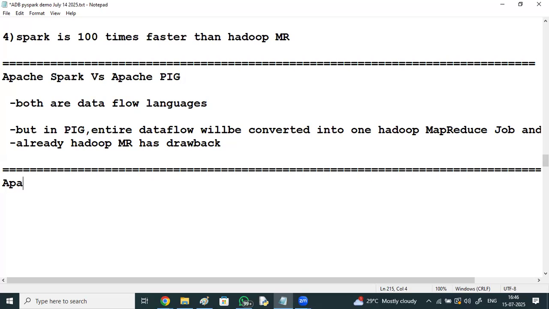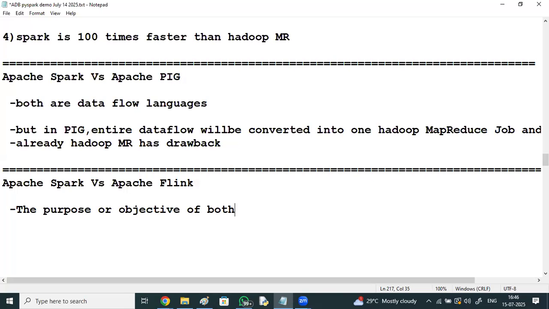When Apache Spark was introduced, immediately after that Apache introduced one more product called Apache Flink. The purpose and objective of both are the same.